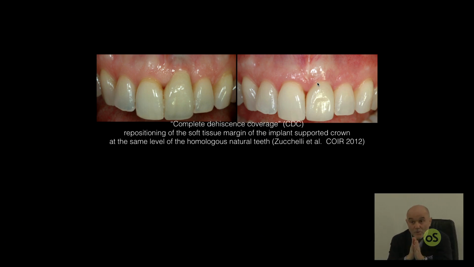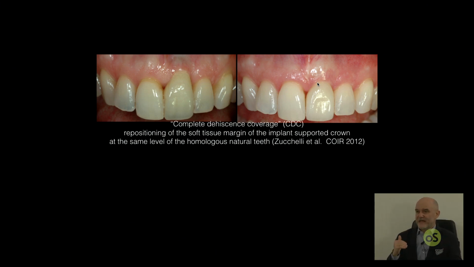But there is only one ideal goal of the treatment of the soft tissue dehiscence, that is called complete coverage. But this is not enough. It's not enough to cover completely the crown.